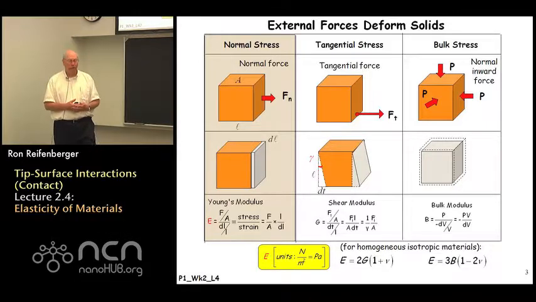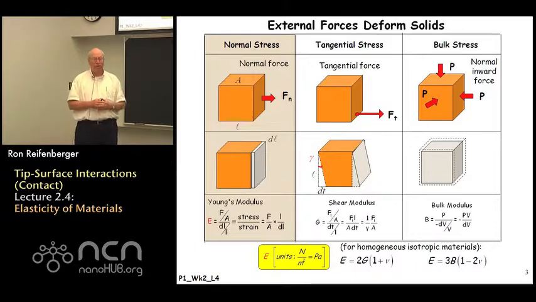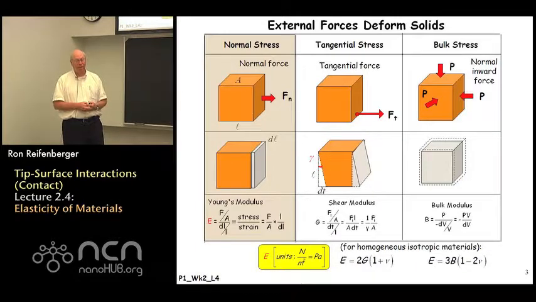The dimensions of the cube are L by L by L, and the question is simply, what is the elongation of the cube in the direction of the applied force? That elongation or that deformation is referred to as dL, and we can calculate the ratio basically of the stress to the strain. So the stress is defined as the normal force divided by the cross-sectional area. The strain is defined as the change in length divided by the original length L. And the ratio of those two quantities is just equal to something called the Young's modulus of the material.